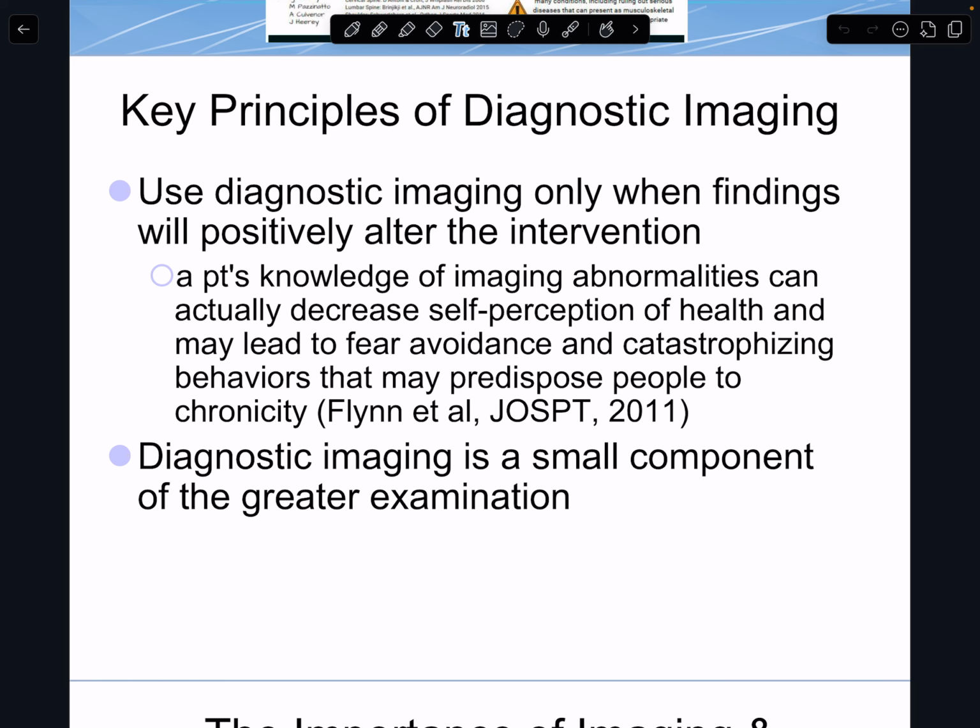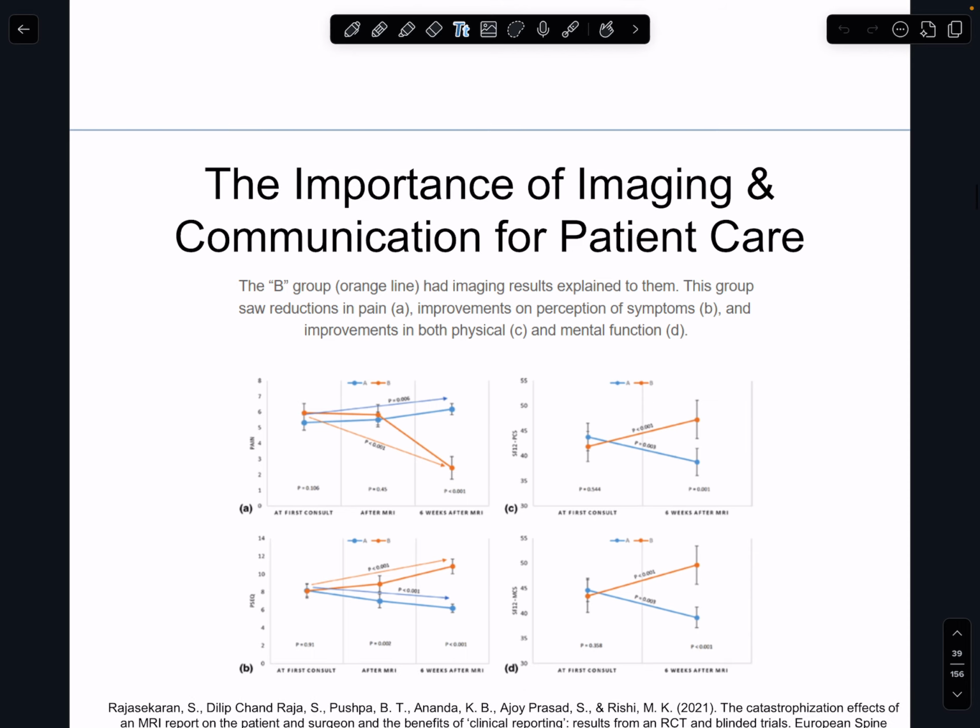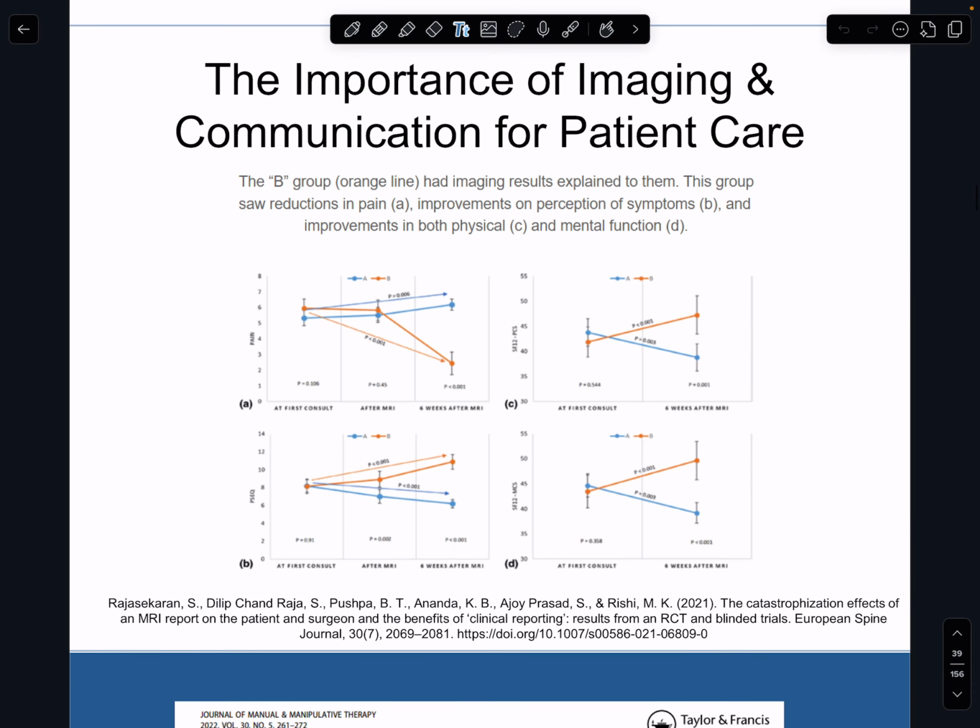Interesting paper here, published a couple years ago. These are patients who had low back pain, mechanical low back pain, all had MRI scans of the lumbar spine. One group just got what you normally see from a physician, meaning that they got the report: you have a herniated disc in your back, and that's the cause of your symptoms, what people would normally do. The other group got this kind of approach, okay?